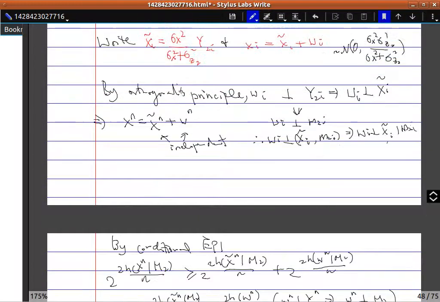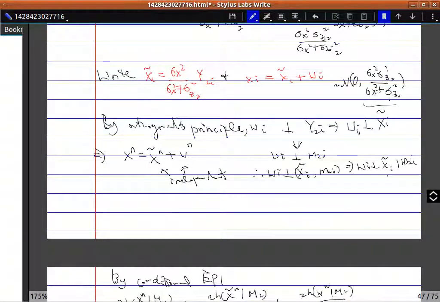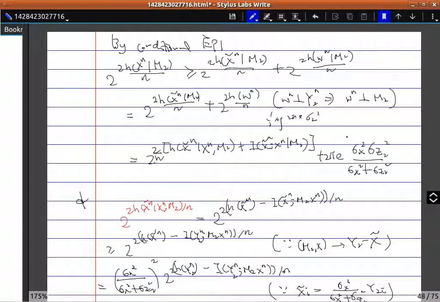And we know what sigma W is, this guy here. So we have this. For these other terms, I can expand this into a sum of a conditional entropy with a mutual information.